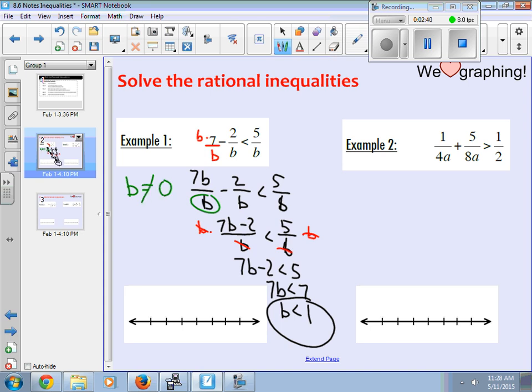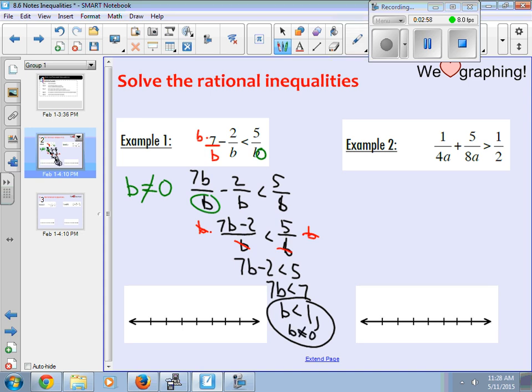So in this case, b cannot be 0. If we put 0 in for b, we get division by 0, and we know from prior lessons that you can't divide by 0. So our answer is that b can be less than 1, except that b also cannot equal 0.